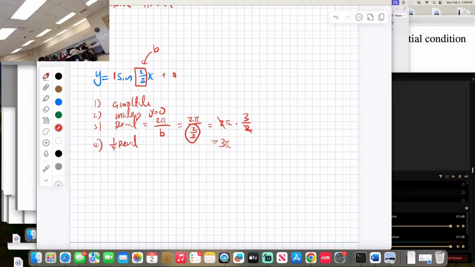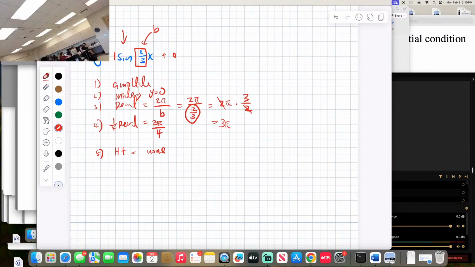So what is the quarter period? It's 3 pi over what? 4, right? Because you take 3 pi divided by 4, so it'll be 3 pi over 4. Now I'm going to go to the fifth step. The fifth step is horizontal translation, and the horizontal translation is none, so you're going to start at 0.